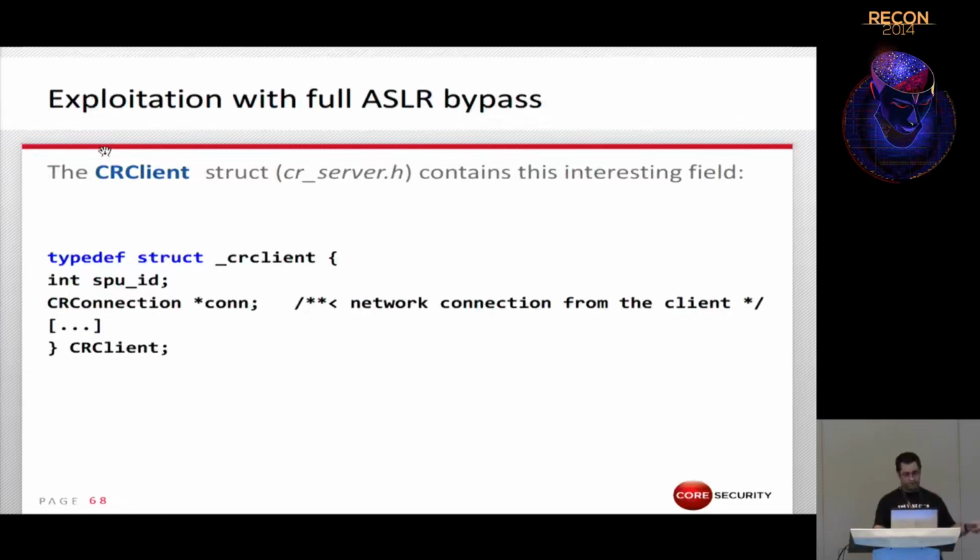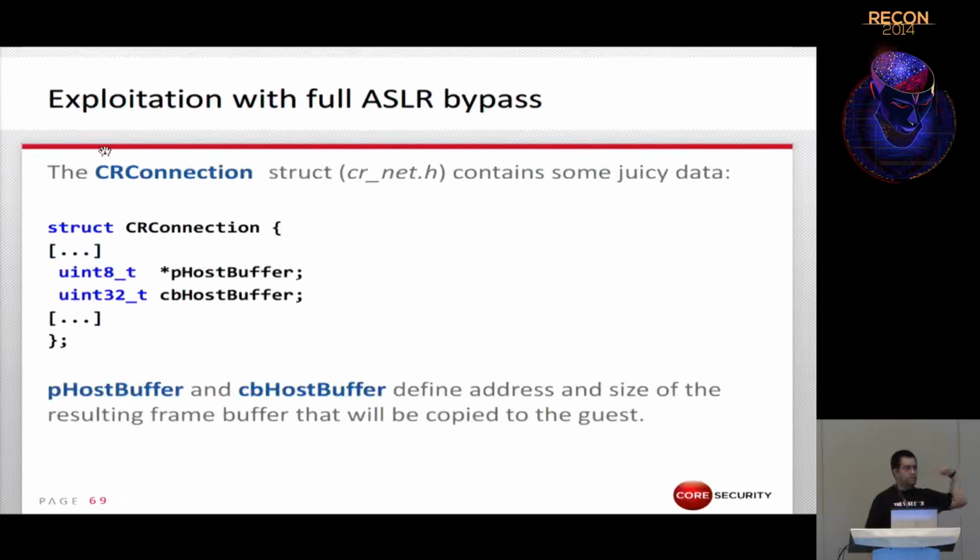If we follow that, we have the CR connection structure, which has two really important fields: phost buffer and cvhost buffer. Phost buffer defines the address, and cvhost buffer defines the size of the frame buffer that will be copied from the host to the guest after the Chromium server has finished processing rendering commands.